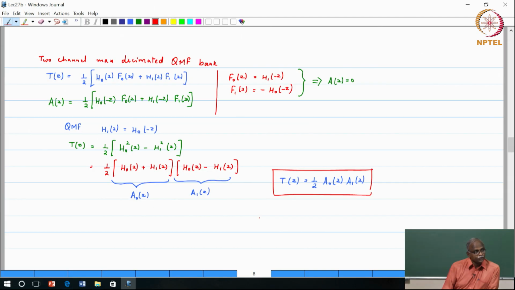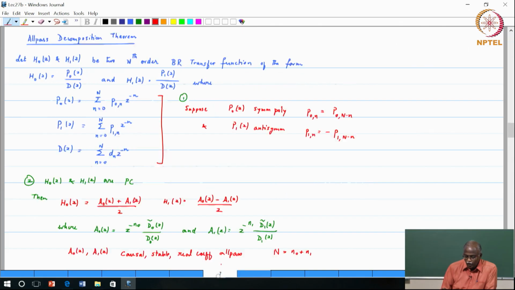Is that okay? So this is different from when you did the polyphase decomposition and forced the polyphase components to be all pass functions. This is a different case. This is a case where we did all pass decomposition of the filters themselves. Basically, you had a pair of power complementary filters. In the earlier decomposition, there was no power complementary part. You took the filter polyphase components and we tried to force them to be all pass components.